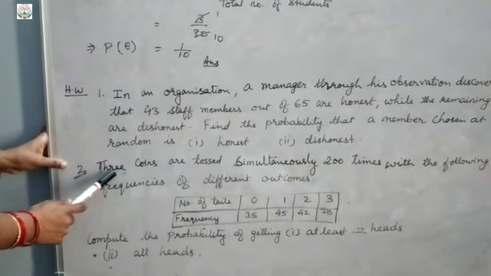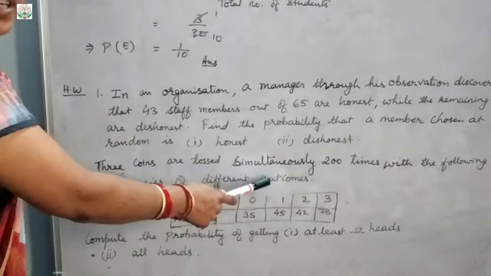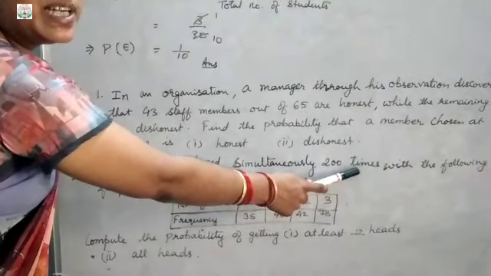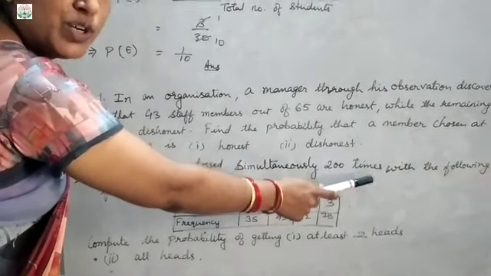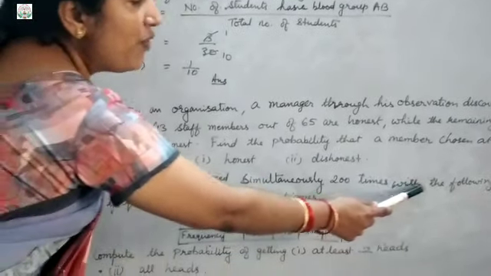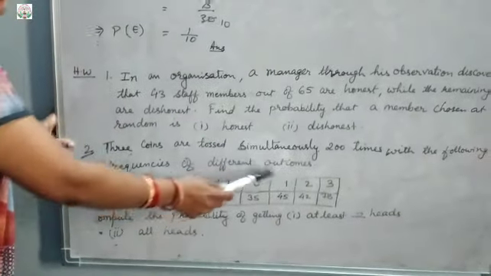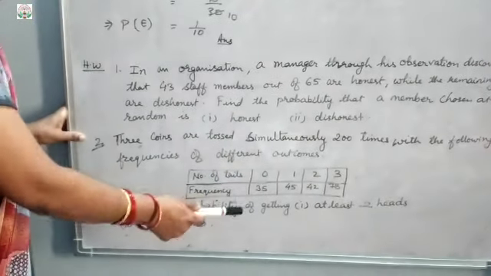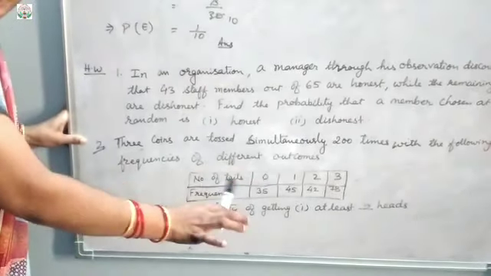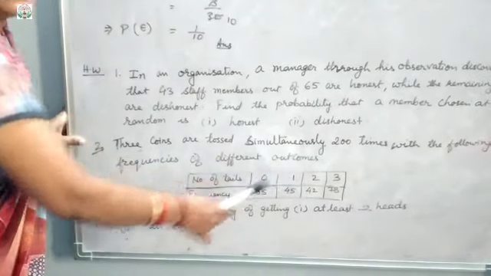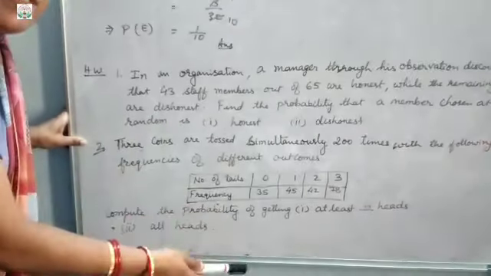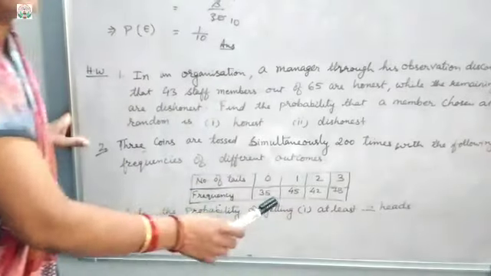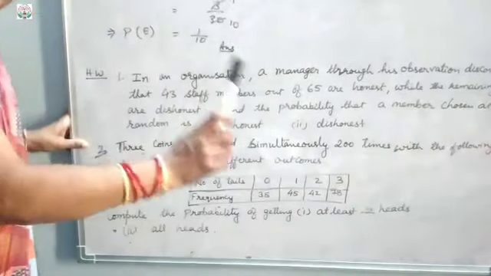The second question is: 3 coins are tossed simultaneously 200 times. So the number of times is 200, with the following frequencies of different outcomes. You can see the number of tails. 0 tails means all the 3 attempts were heads only. 1 tail means 1 tail and 2 heads. 2 tails means 1 head.